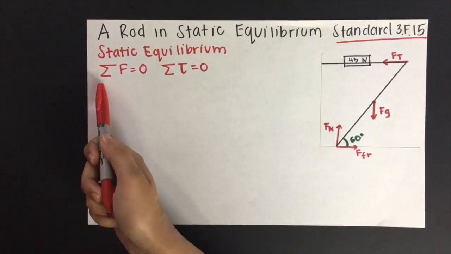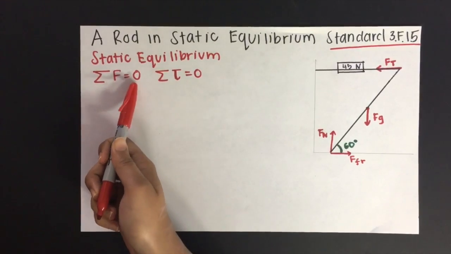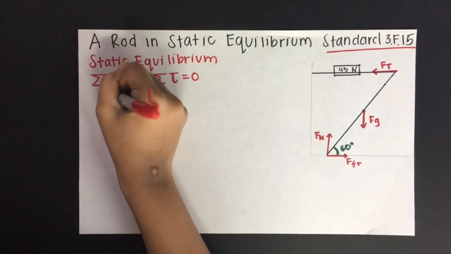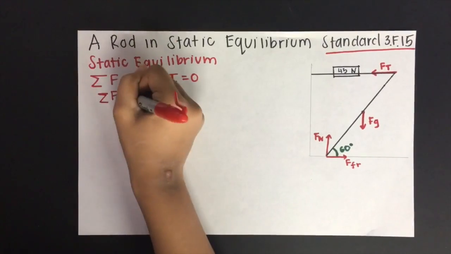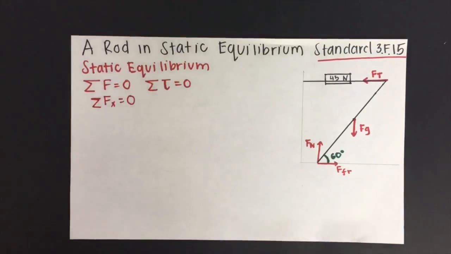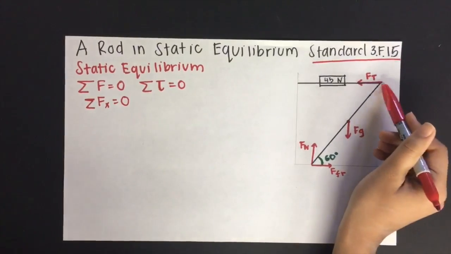Okay, so looking at the first condition of static equilibrium, the sum of the forces must equal 0. This also means that the sum of the forces in the x direction must be equal to 0. So I'm just going to write that like this. Let's look at all the forces in the x direction. There's the force of friction, which is acting opposing the force of tension.